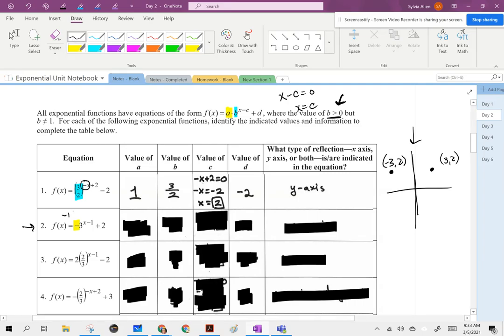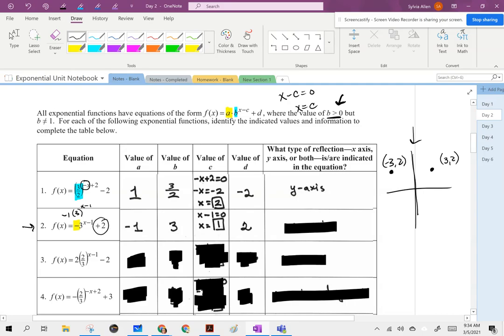So it's a -1 times the 3 raised to the power of x minus 1. So the value of A is -1. The value of B is 3. And let's see if you can try to figure out the value of C. Again, setting that equal to 0 and solving. The value of D is here.